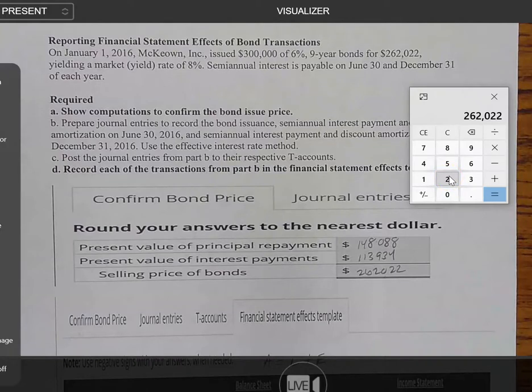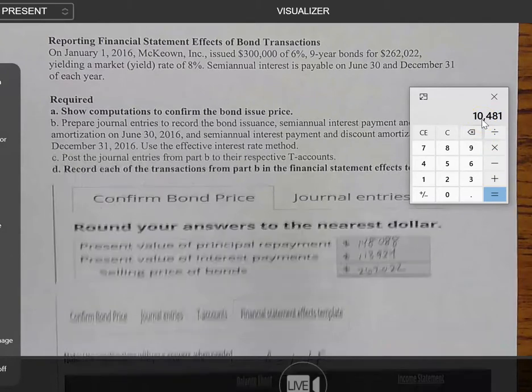That only works in the beginning. We're going to multiply that times 4%. All right. And this is going to give us, I'm going to add 12 cents, so we have an even number, our interest expense for the period.